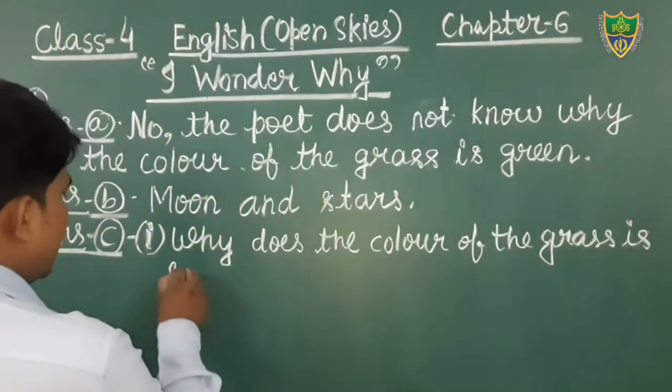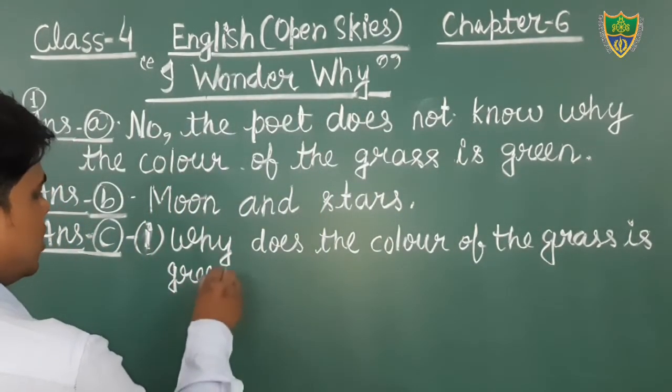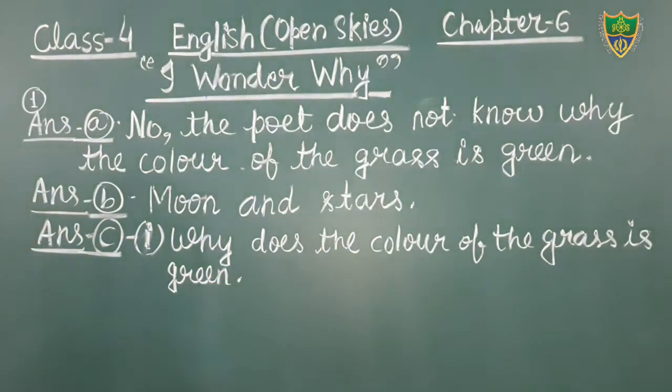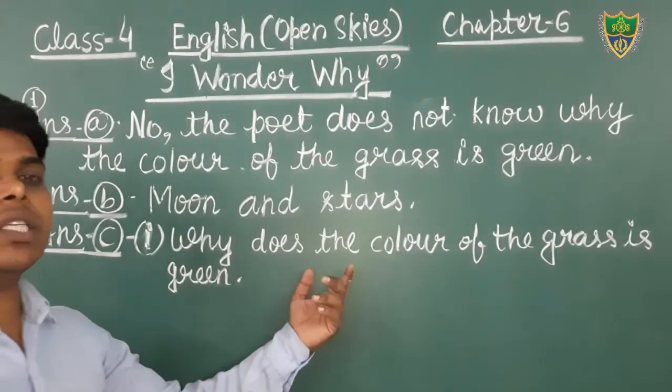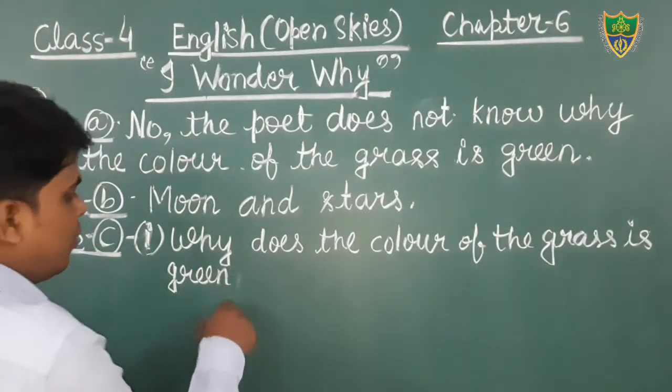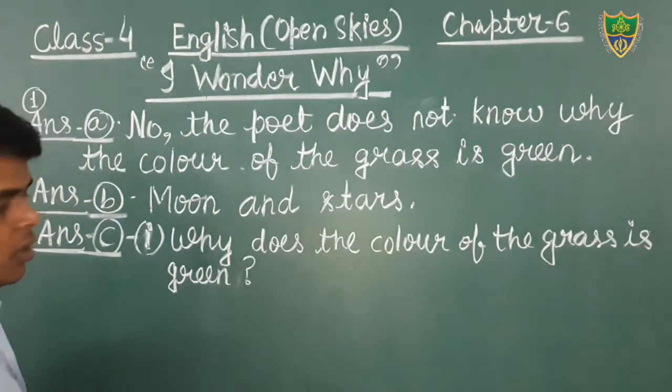Okay, students, I am writing here. You will write by putting the numbers 1, 2, 3. The first question was: why is the color of the grass green? This is the first question of the poet.